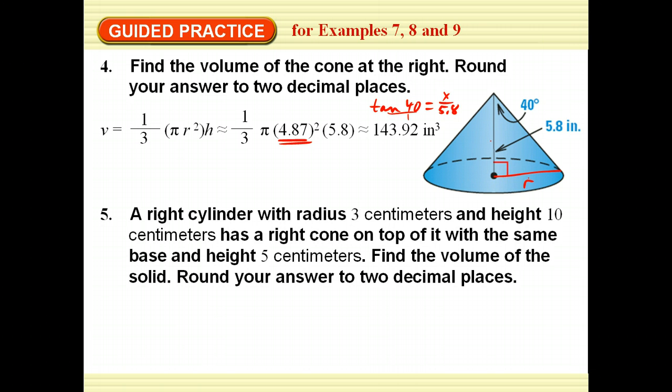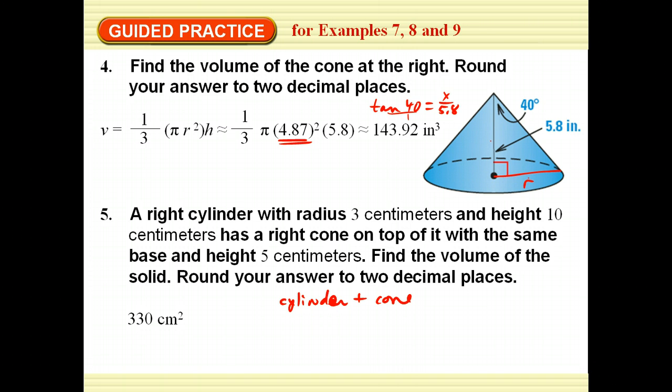A right cylinder with a radius of 3 and a height of 6 has a right cone on top with the same base and a height of 5. Find the volume of the solid. It comes out to be 330. How do we get that? We need the cylinder plus the cone.